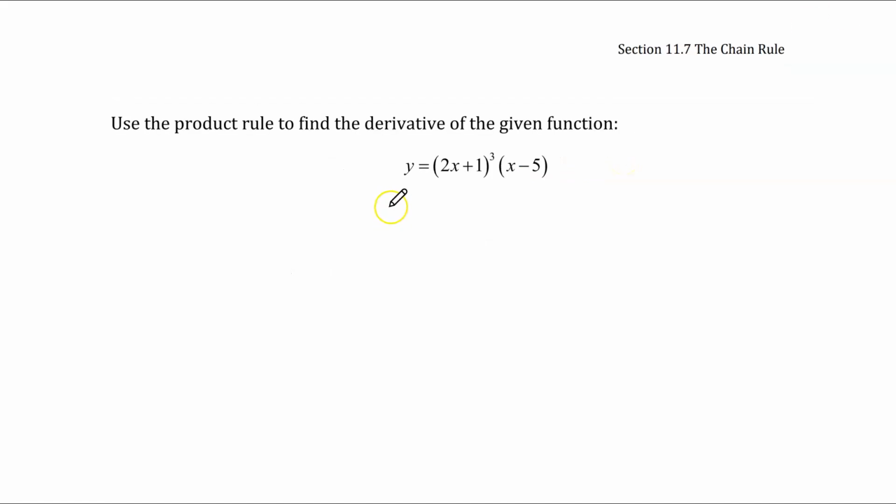Now for this example, we are to use the product rule and chain rule to find the derivative of the function.